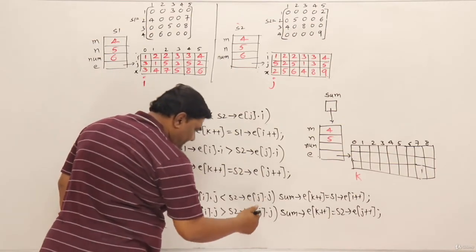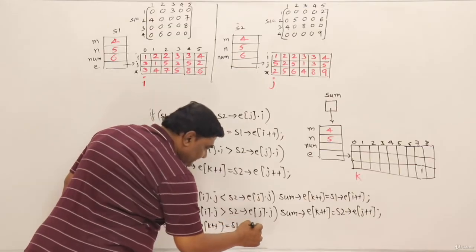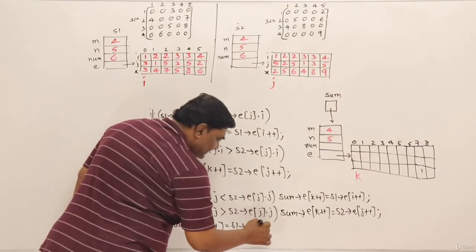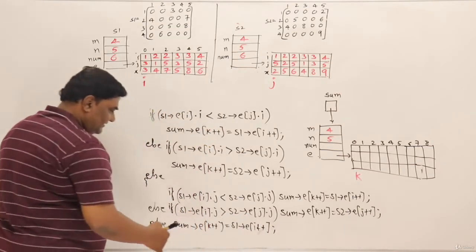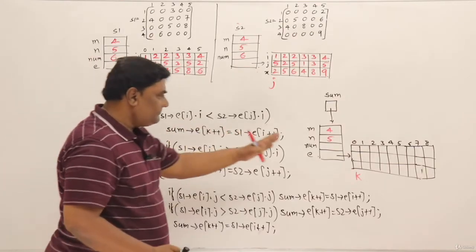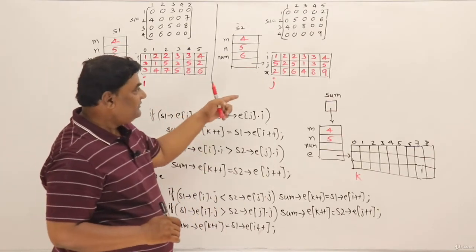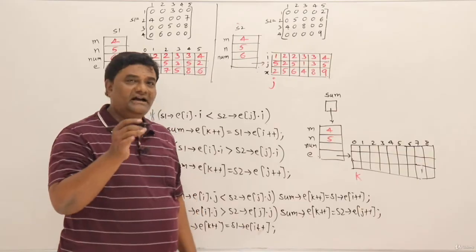So for row number and column number, I will copy the values from S1, say S1 of I plus plus. So actually, I have simply copied this S1 element to sum, but I should add them. So I should add the value from this S2.